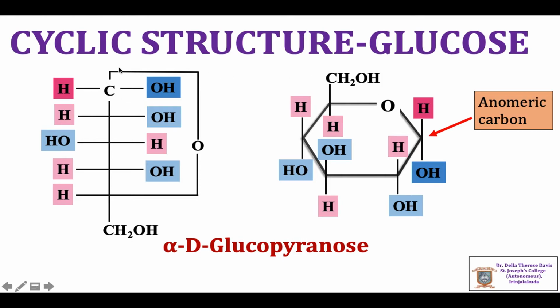As it forms a six-membered ring with oxygen, the ring is called pyranose ring, and hence it is named as alpha D-glucopyranose. The diastereomeric ring forms differing in configuration only at one chiral center produced due to cyclization are called anomers.